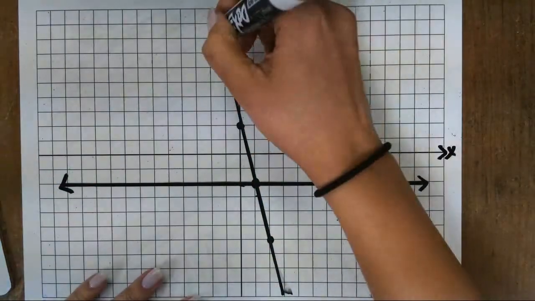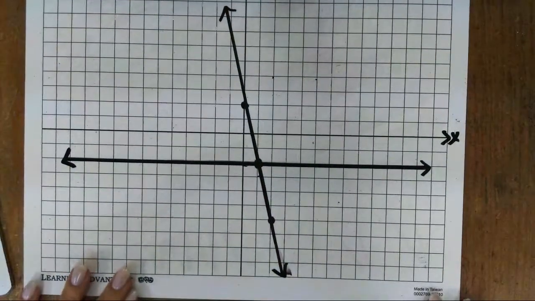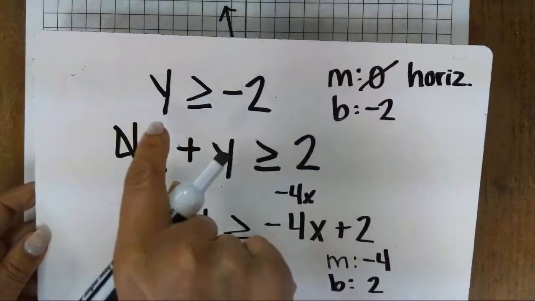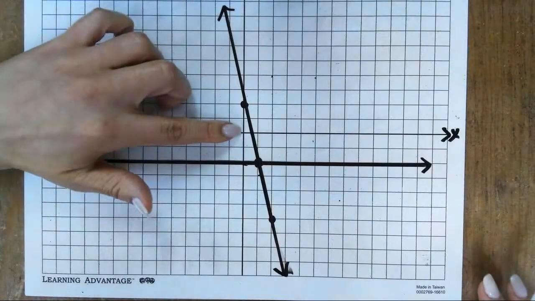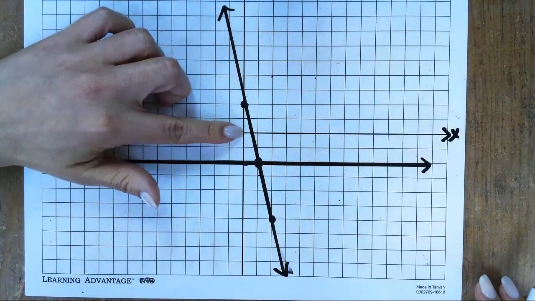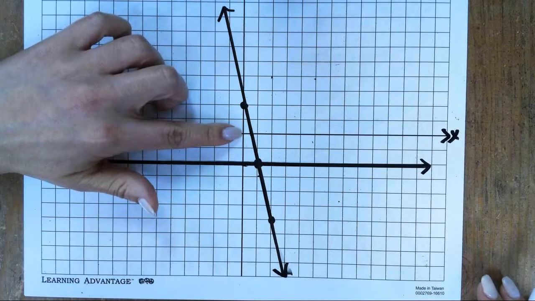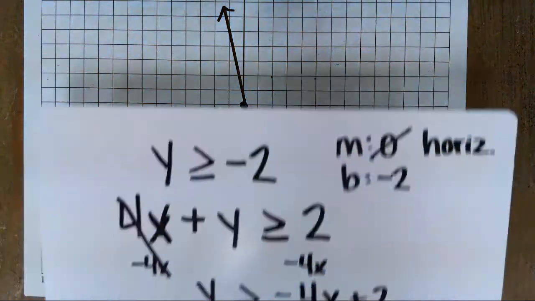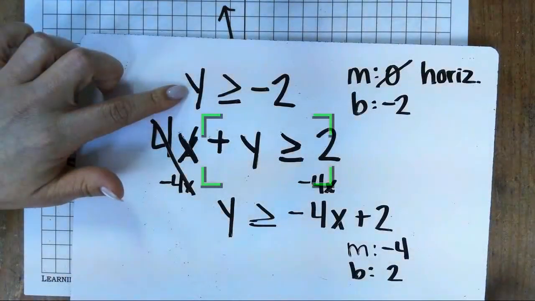Now I need to figure out which way I'm going to be shading. Let me switch back for a second. My origin right here, neither one of my lines is crossing my origin, which means I can use (0, 0) as my test point. If I substitute 0 in for y, I get a true statement.